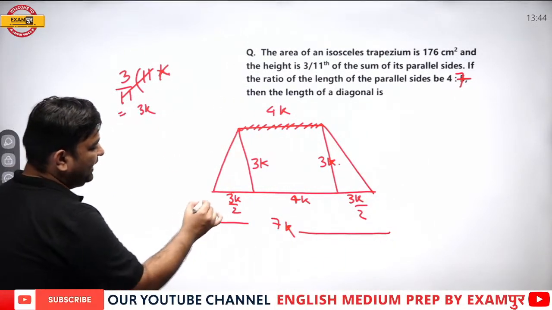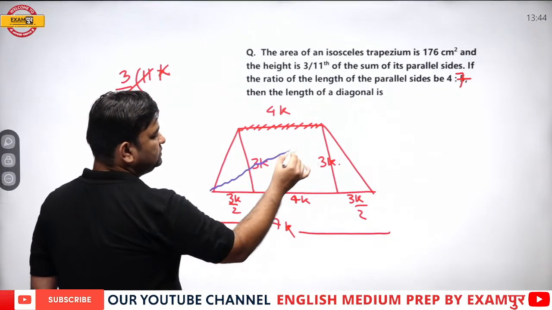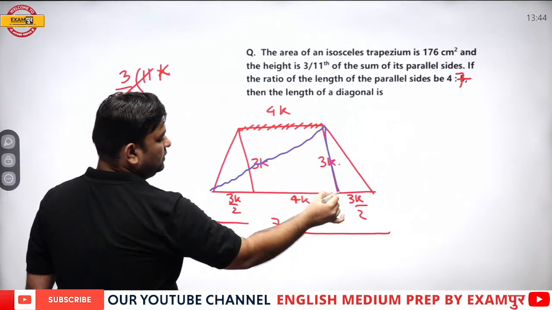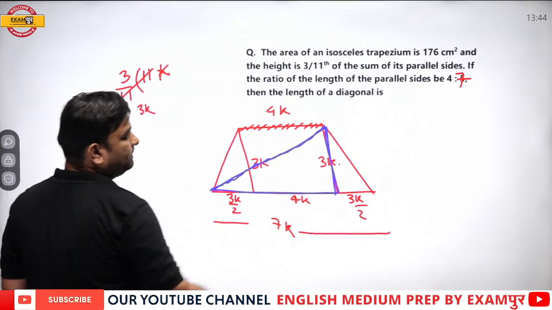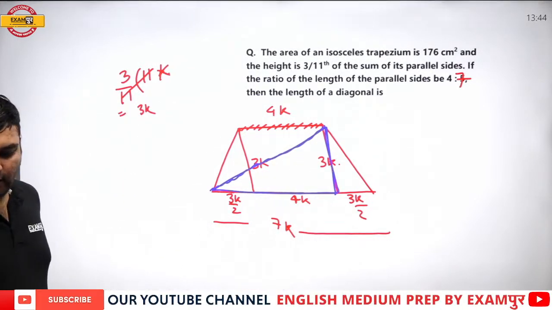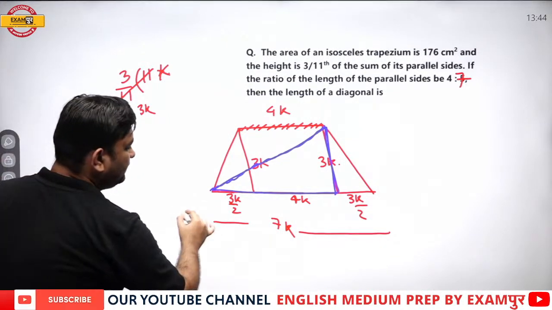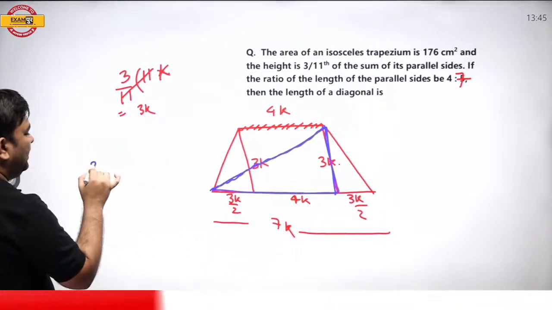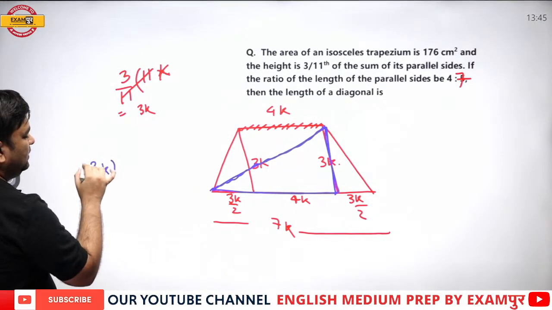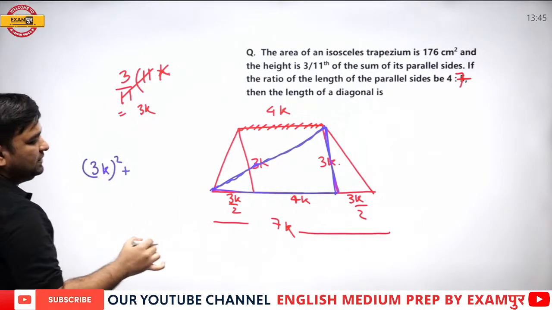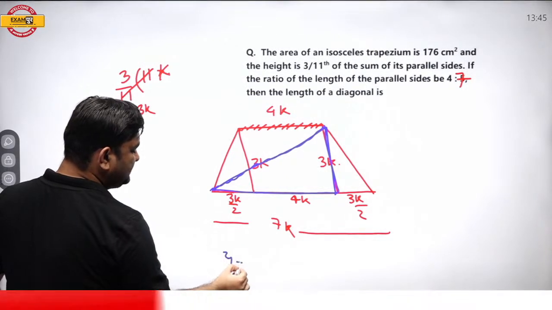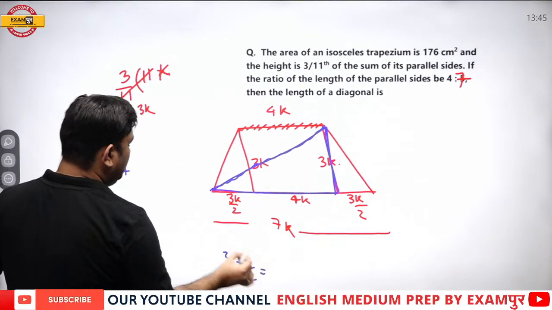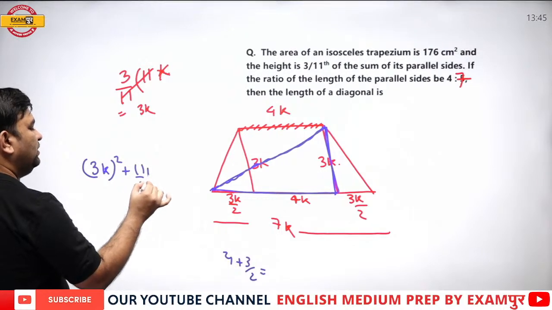What is the length of the diagonal? The length of the diagonal is the square root of (3K) square plus (3K plus 1.5, or you can say 4 plus 3 by 2, that is 11 by 2 K) whole square.